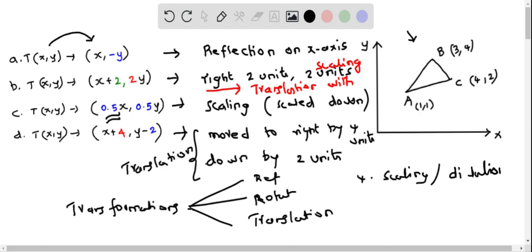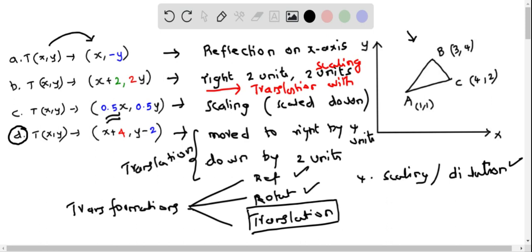And only in translation will the image and the pre-image look the same. That is, they will not undergo any changes. However, in reflection, rotation, or scaling or dilation, there is a possibility that they may undergo some changes. That is, the shape of the original figure and the figure in the image will not be the same. So the answer to this question is the fourth one, that is part D, which undergoes only translation.